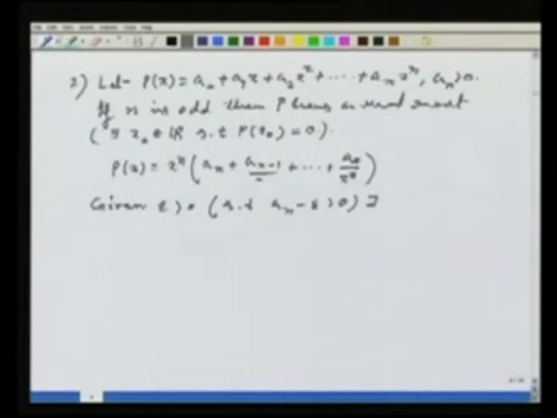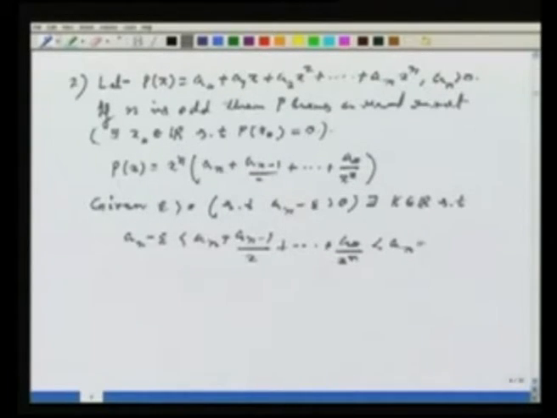I say there exists a real number k in R such that a_n minus epsilon is less than a_n plus a_{n-1} divided by x plus ... plus a_0 by x to the power n, which is less than a_n plus epsilon, for all x in R such that mod x is bigger than k.